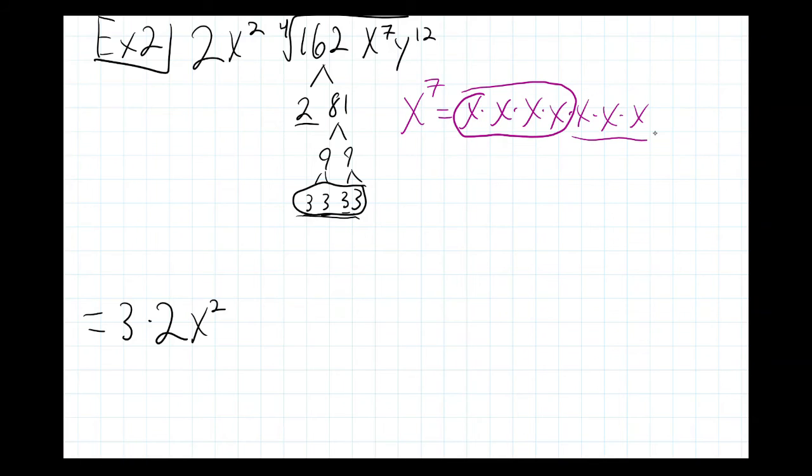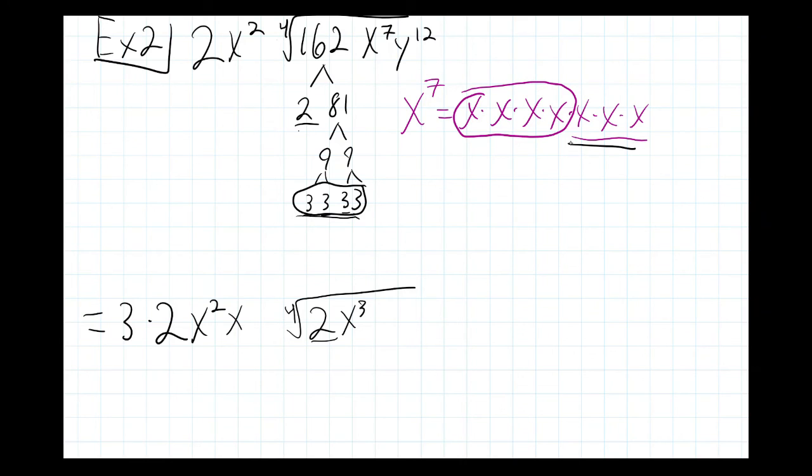Now we cannot pull the group of 3 out in front because it is a fourth root. Here, I'm only going to move one x out in front and that is going to be multiplied with the fourth root of 2. This 2 comes from being left over right there. And then x to the third. And I'm getting x to the third from all the leftover x's right there.